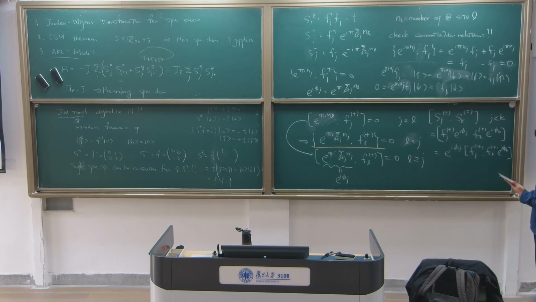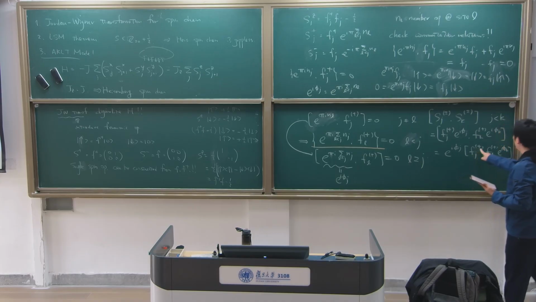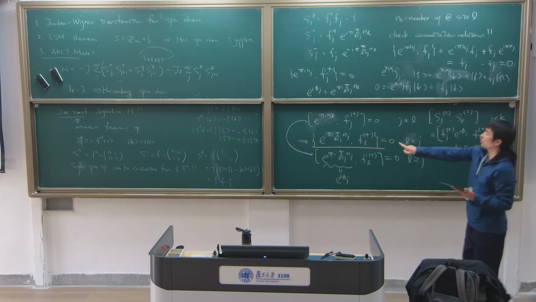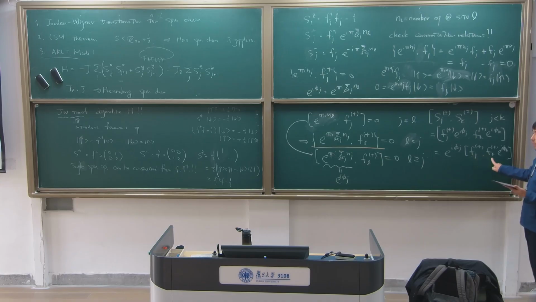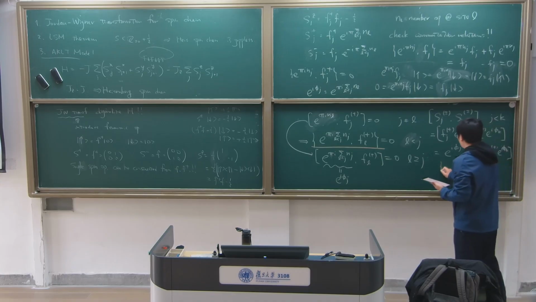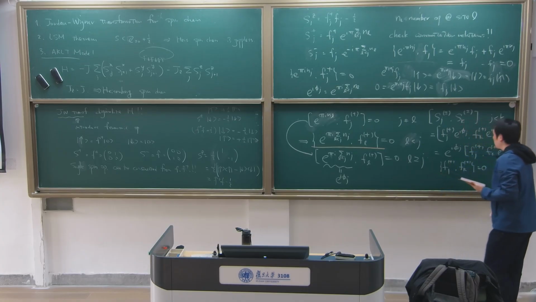And then this is proportional to Fj dagger, and this guy anti-commutes. So this anti-commutes, and also these two anti-commute. So the anticommutator of Fj and Sk is equal to 0. Okay?